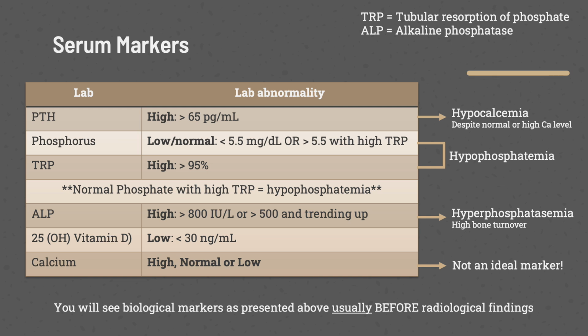Additionally, with PTH being high, it's going to try to increase the excretion of phos to try to have that equilibrium between calcium and phos in the blood to prevent precipitation. So you may see that as low as well. Additionally, TRP, or tubular resorption of phosphate, you may see as high. This typically occurs when PTH is prolonged for a pretty long period of time.